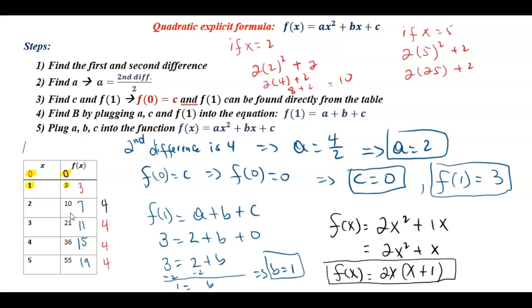Oh, sorry. So x is 5, so that's supposed to be 5 over here. So we replace x by 5. So 2 times 25 is 50. 50 plus 5, and that'll be 55. Okay, so it's also good. So that means the function is working.